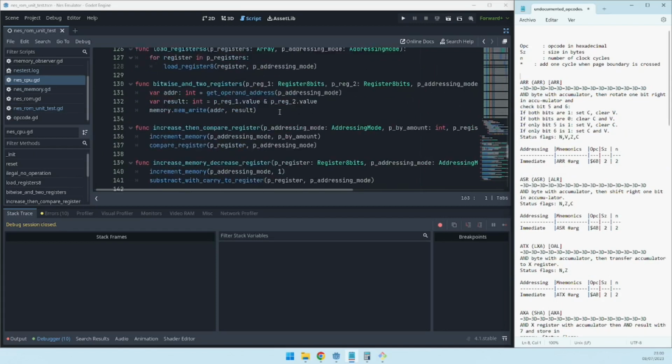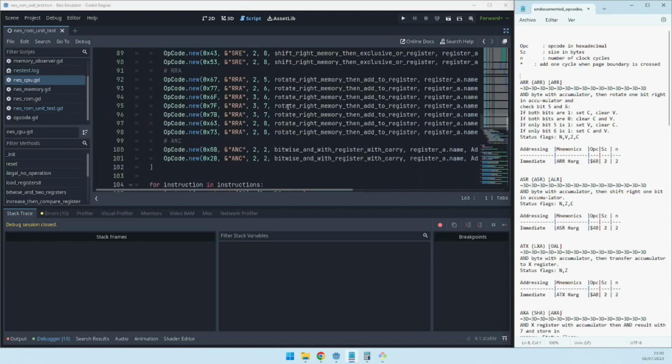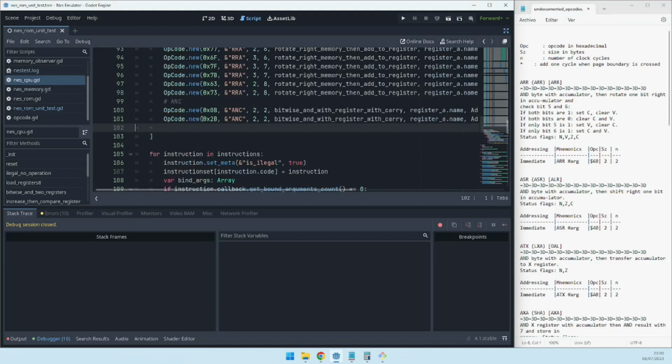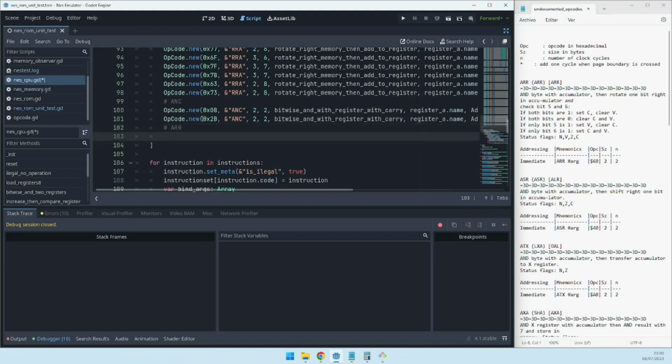Let's do all of them together. So this one is ARR. AND byte with accumulator, then rotate 1 bit right in accumulator and check bits 5 and 6.